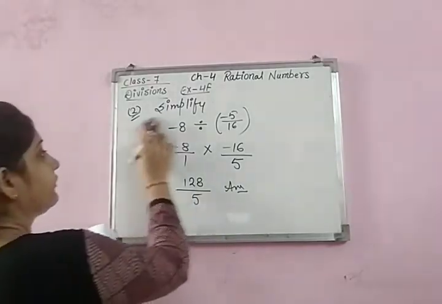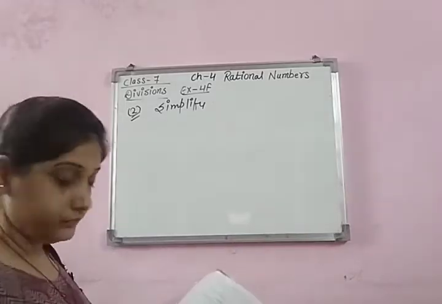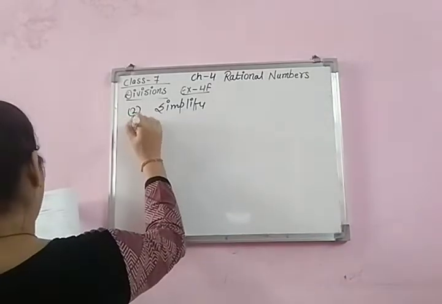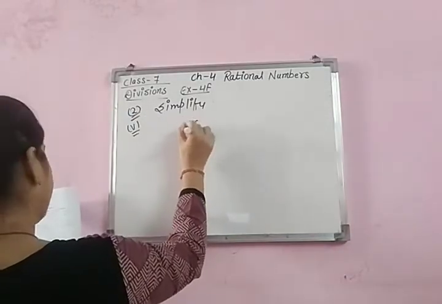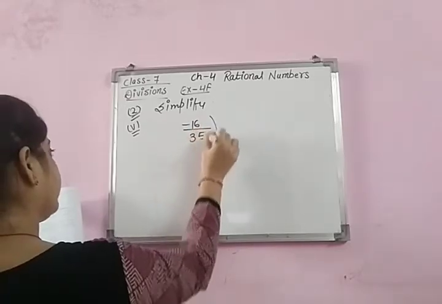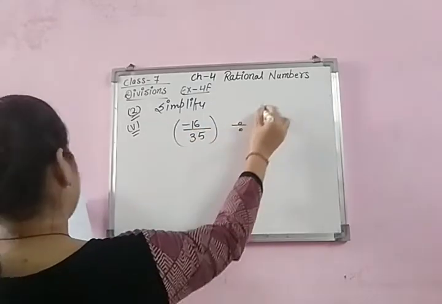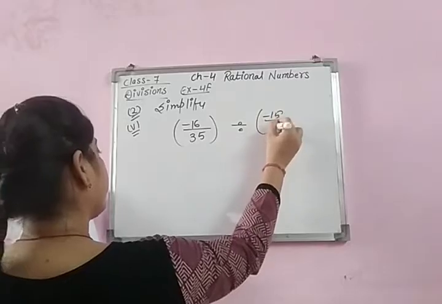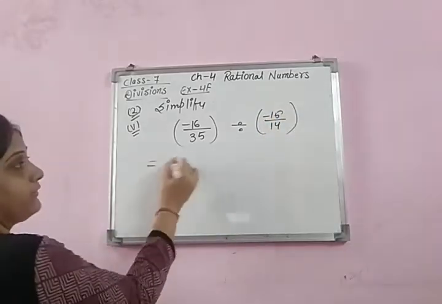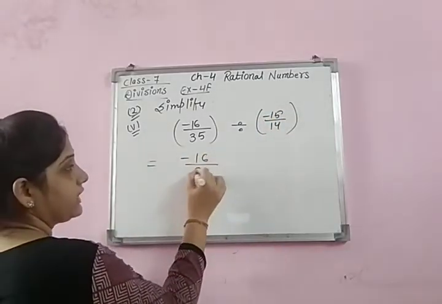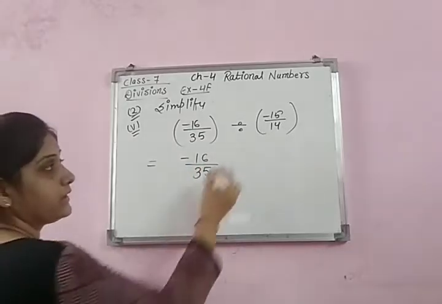In the same way, we can solve one more part. I am sharing the fifth part with you. The fifth one is negative 16/35 divided by negative 15/14. When we solve this, as we know, there is no change in the first number.